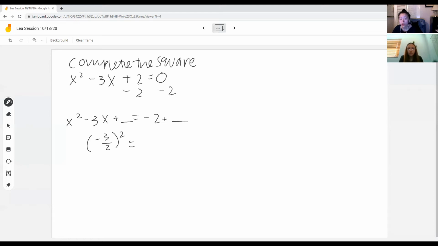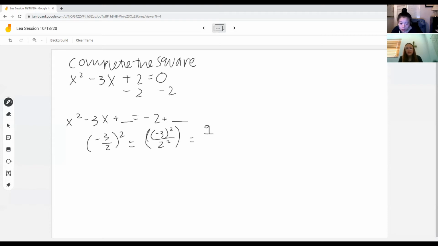So we have the negative, right? We can just put it on the top. It's negative 3. So you would do negative 3 squared over 2 squared. So you just square the top and the bottom. 6 over 4 or 9 over 4.